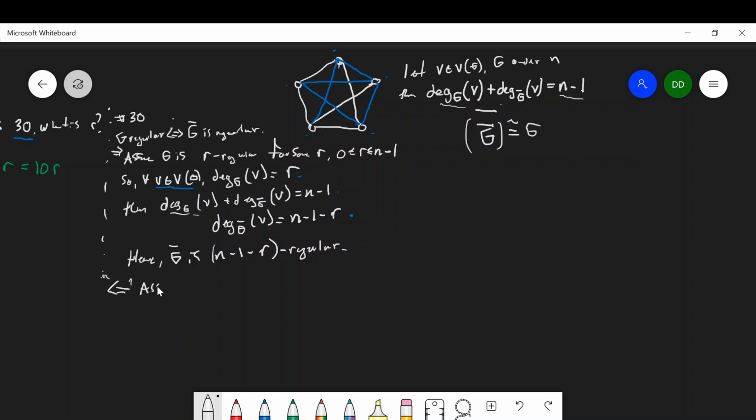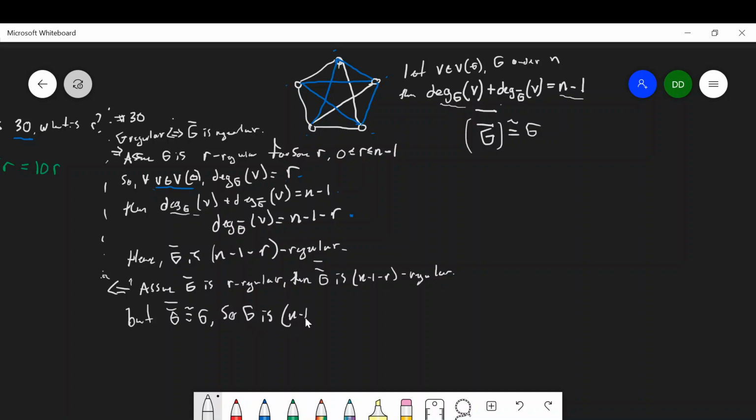We'll assume G complement is R regular. By what we've already shown, G complement complement is n minus 1 minus R regular. But G complement complement is the original graph, so G is n minus 1 minus R regular.